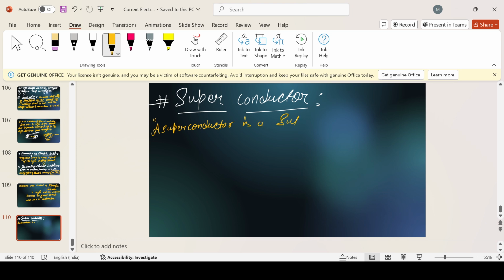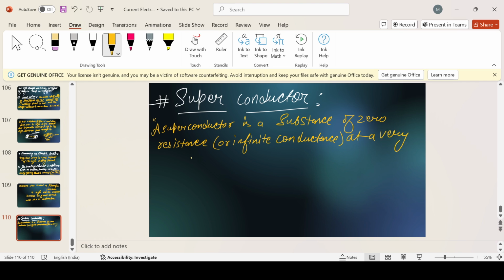A superconductor is a substance of zero resistance. Practically zero resistance is not possible, it almost reaches it. Or we can say zero resistance means infinite conductance, infinite conductance at a very low temperature.